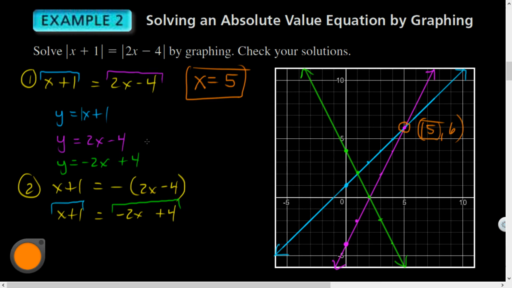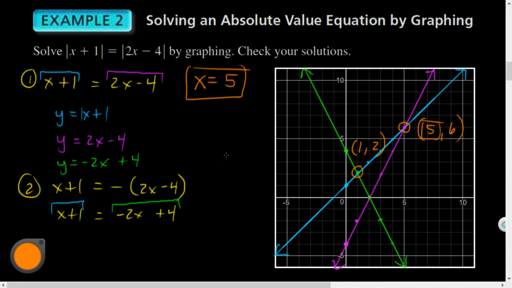My second solution is the intersection between blue and green. Where do blue and green intersect? I don't care about this one. This one I care about. What are the coordinates there? Almost 1, 2. Over 1, up 2. For ordered pairs, we do left-right before up-down, unlike slope, which is always rise over run.